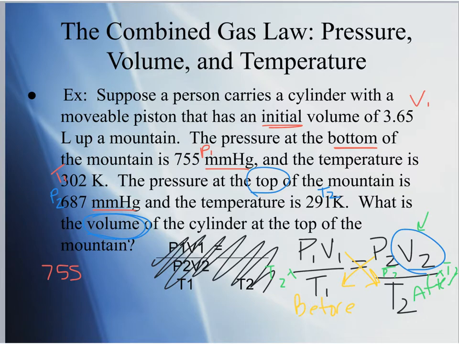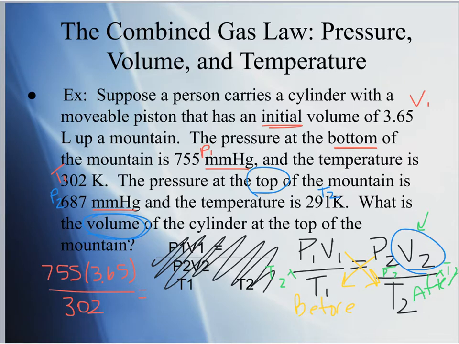So we have our P1, and then we have our V1. Our initial volume is 3.65, right? And then we've got our T1, which is 302 Kelvin, okay? And so that's that side. And then we're going to put the other information on the other side.